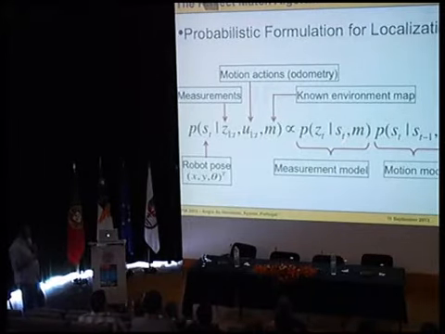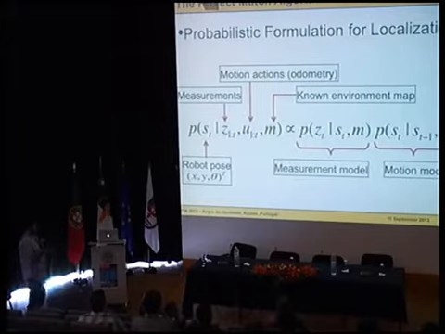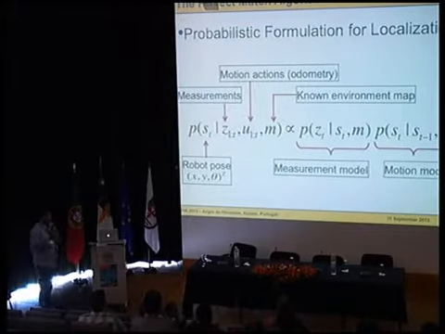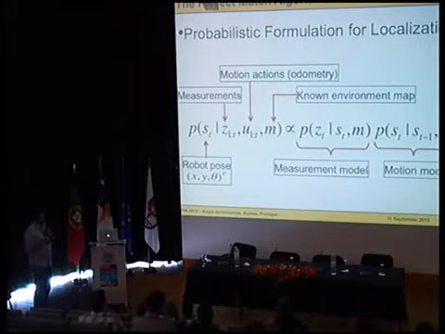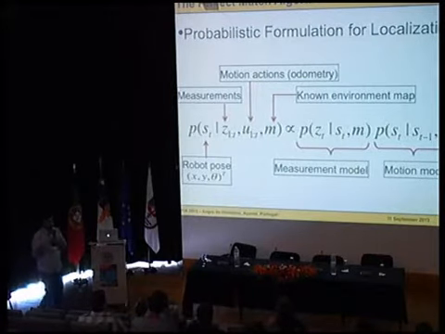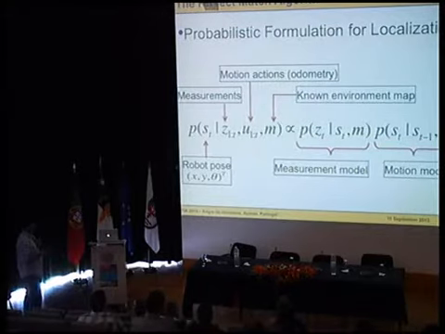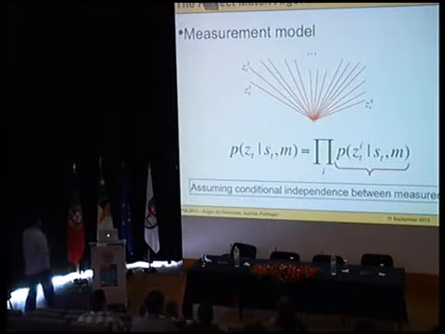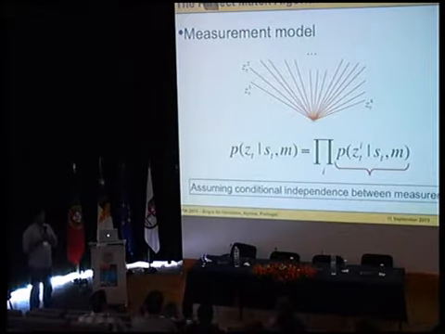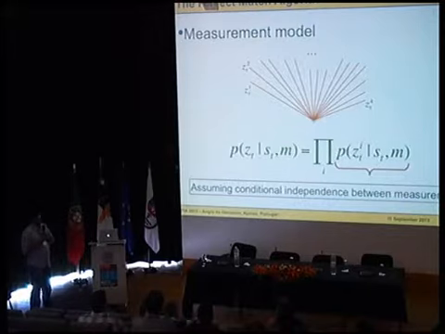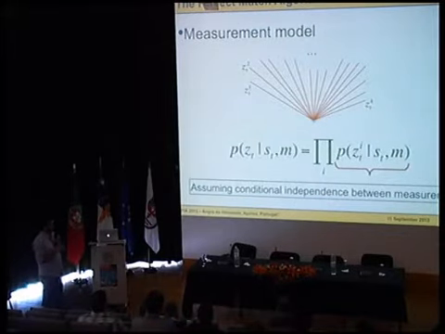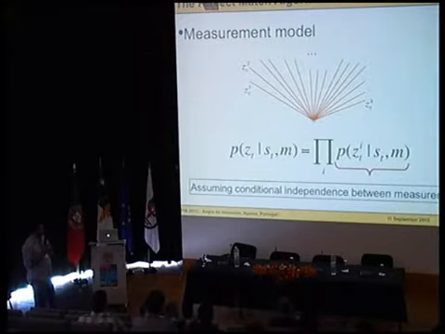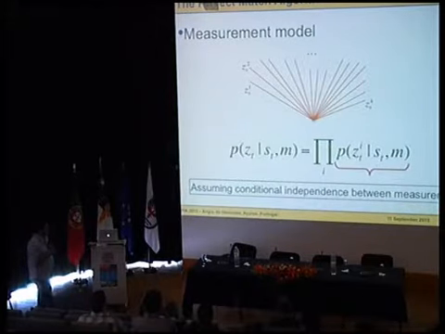The measurement model calculates the probability of a measurement given a certain pose and map, and the motion model gives the probability of a pose given its motion action and the previous position. The measurement model assumes more than one measurement. Here we make a simplification that all measurements are conditionally independent, so we can do this factorization to calculate the measurement model.